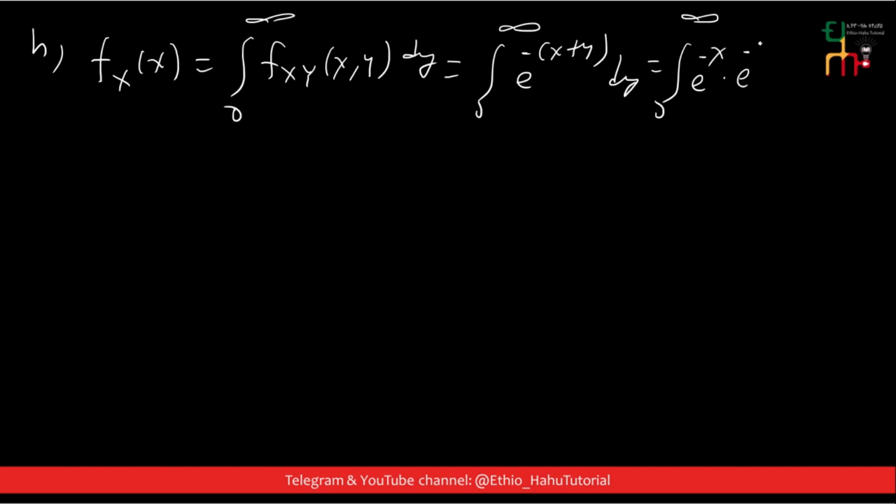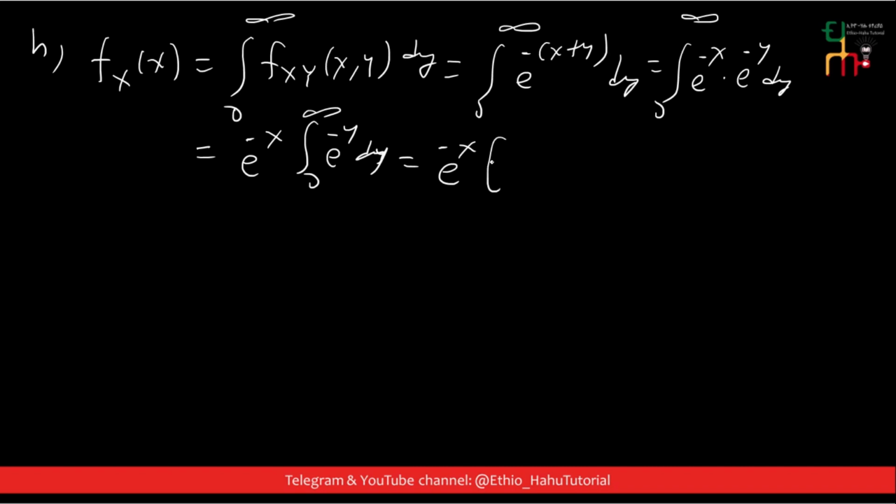e to the power of minus x is independent of y, so I take it outside. This is equal to e to the power of minus x times the integral of e to the power of minus y dy from 0 to positive infinity. The integral gives minus e to the power of minus y from 0 to positive infinity.